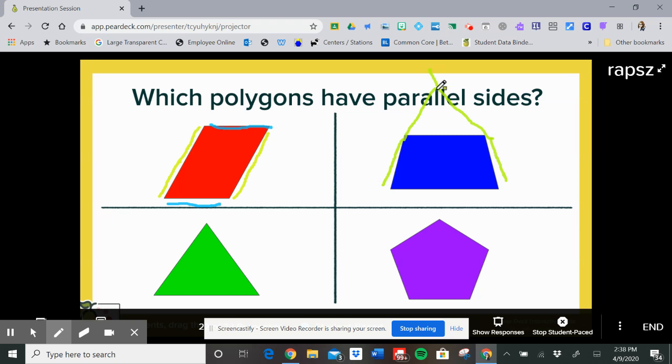So those are not parallel. Some of you got a little confused on that one. So this one just has this and this, just that one pair. Down here with the triangle, no parallel sides, and on the pentagon, no parallel sides.